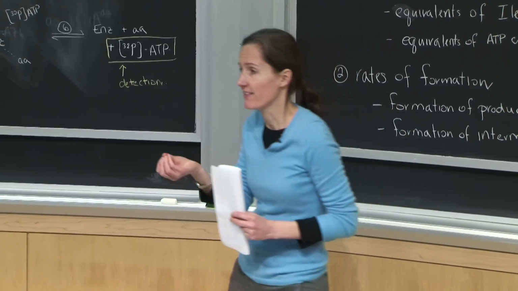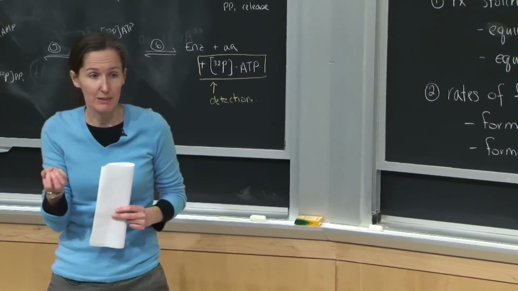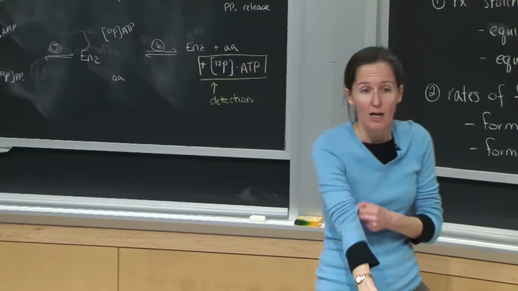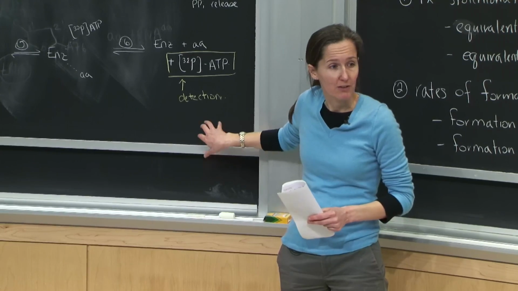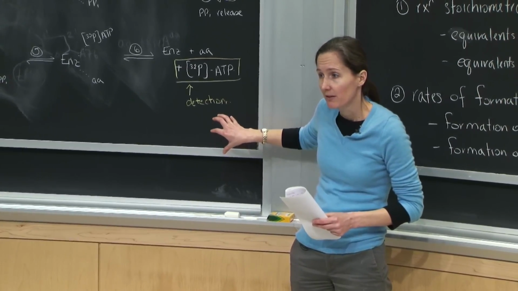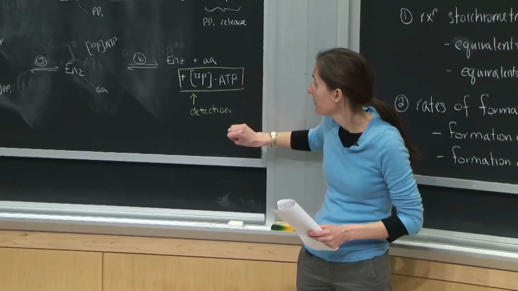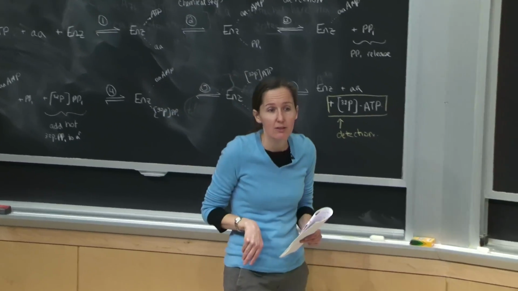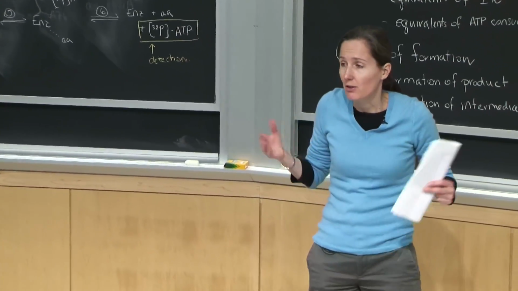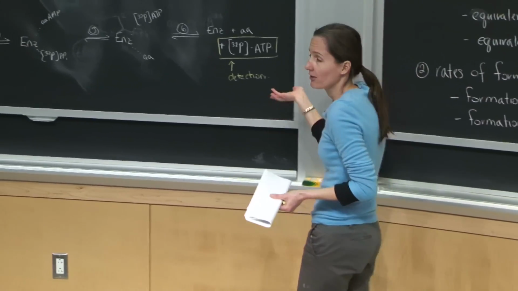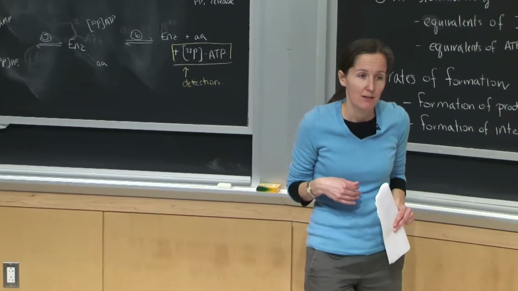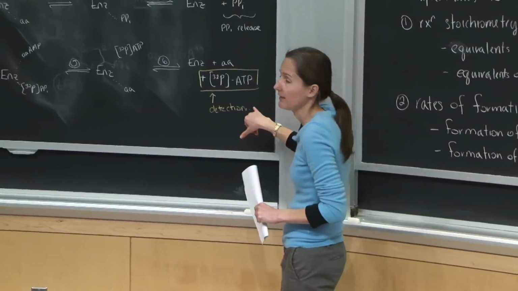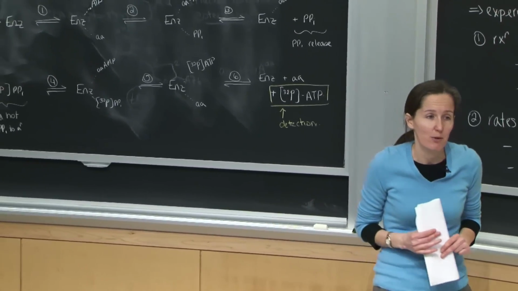So this will come up more in recitation this week, but we need to be able to measure radioactivity by, say, scintillation counting here. But what's also needed is a separation, because you need to know where that signal is coming from, right? You need to know it's coming from ATP and, say, not a background from however much of the PPi you introduced, right? Or if you have no idea what's going on with your chemistry, maybe the data are going to tell you it's not this mechanism. So you need to have a separation. So how might you separate ATP from all of these other components?